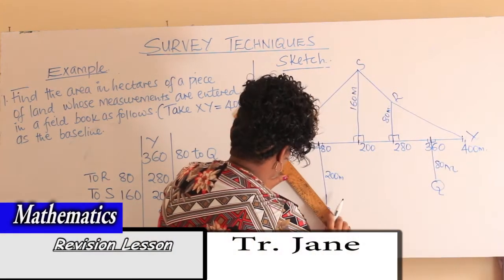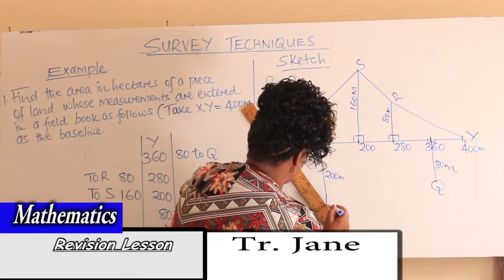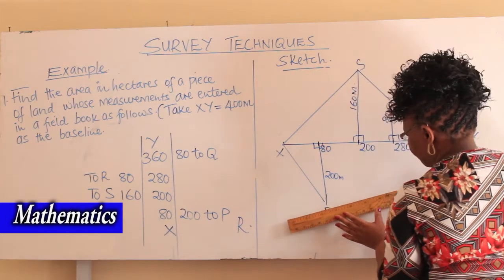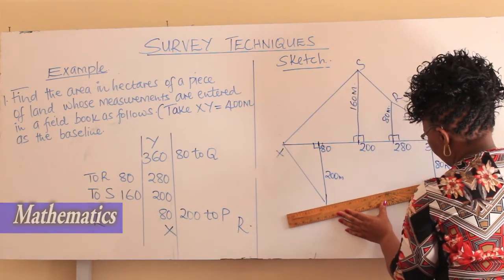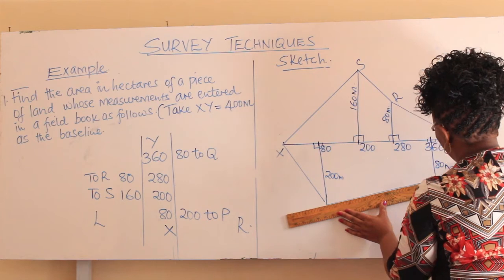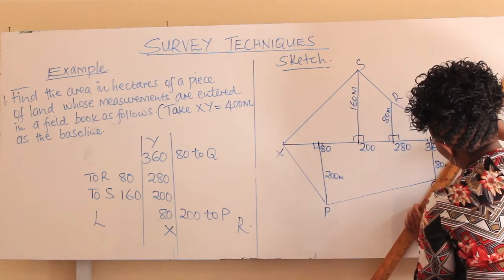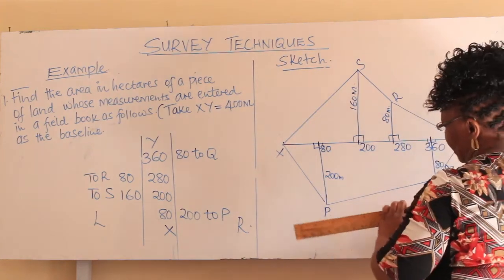You join P to X. Continue, P to Q. And finally Q to Y, something like that.